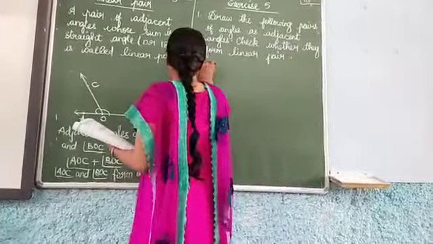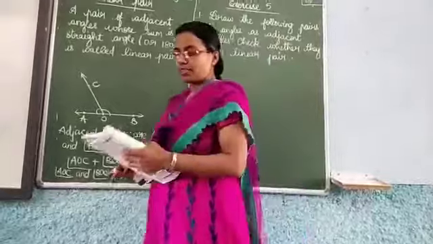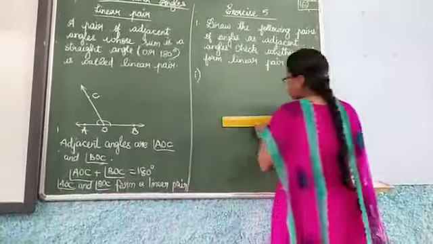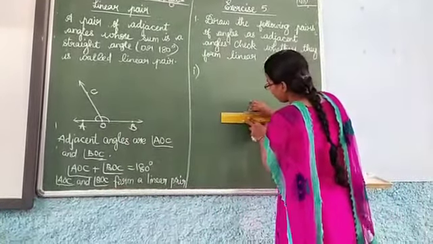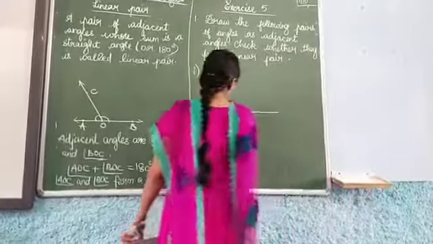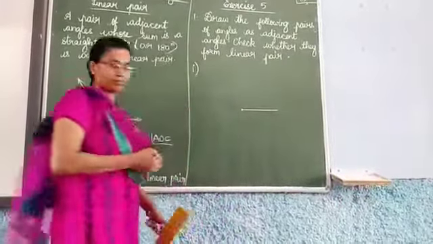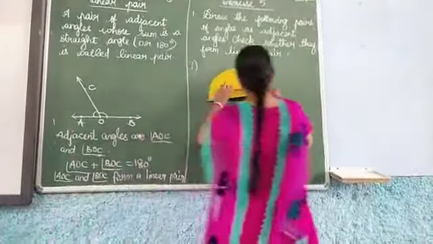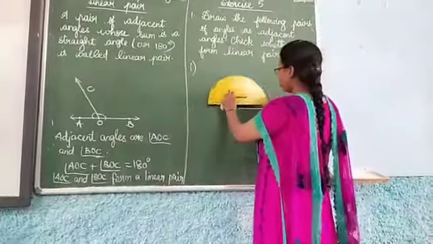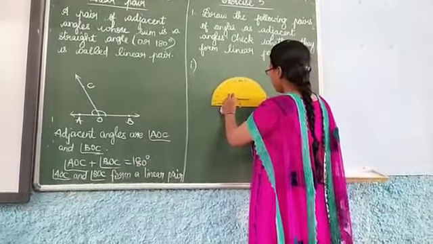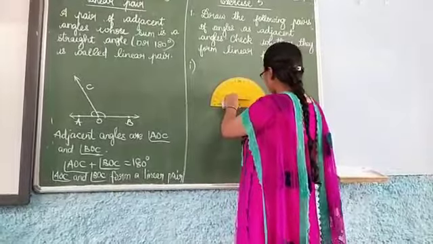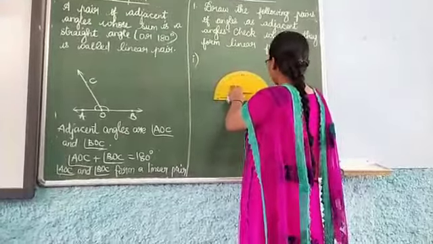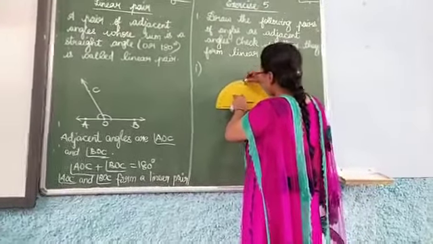In this, the first one is 135 degrees. Use your scale and draw a straight line. Mark the vertex. Then use your protractor. Keep the center of the protractor on the vertex and see that the baseline of the protractor is visible and the arm of the angle is not visible.